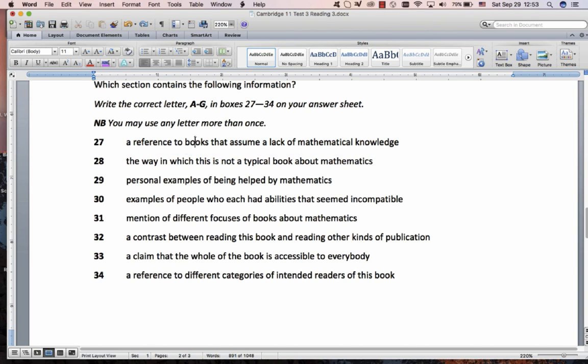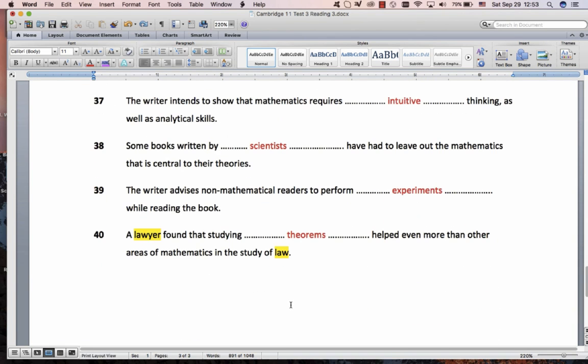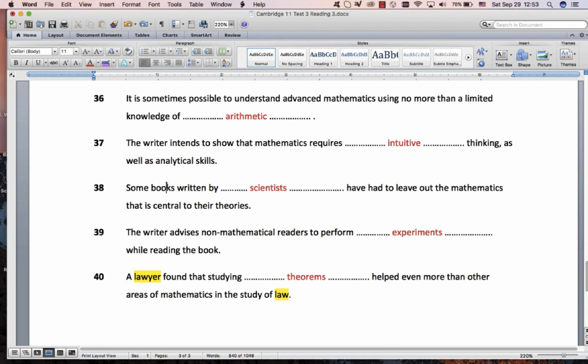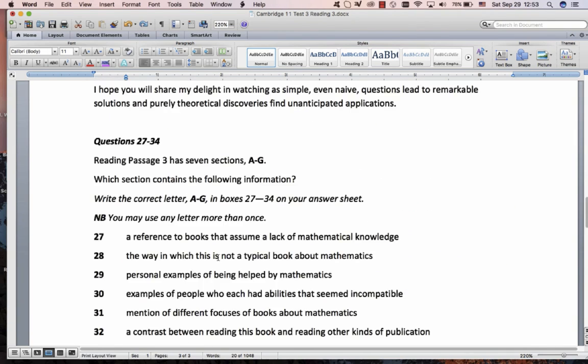A reference to books that assume a lack of mathematical knowledge. Now, can you remember anything in these questions about books and lack of mathematical knowledge? And that was over there. Some books leave out the mathematics, lack of mathematical knowledge. So then you should go to this paragraph and check if you could see it. What paragraph was that?